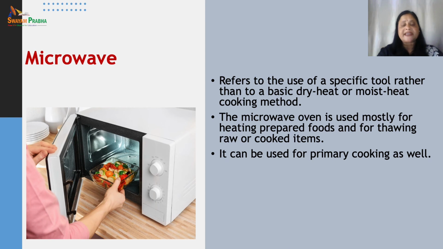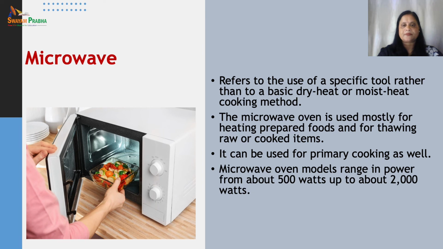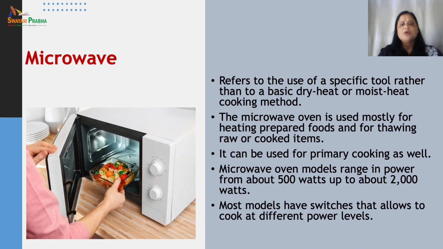However, it can be used for the primary cooking as well. Microwave oven models range in power from about 500 watts up to about 2000 watts. Most models have switches that allow cooking at different power levels.